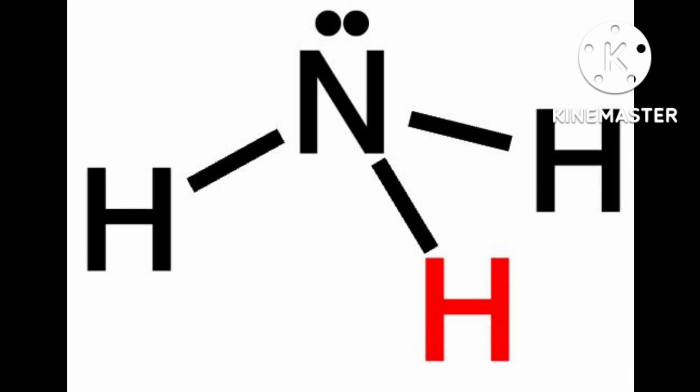Now come to another example, AB4E. Here the example is SF4. In this SF4, 4 bonds are there. The number of bonding pairs is 4 and lone pair is 1. See the structure I have given. Here 2 structures are possible.